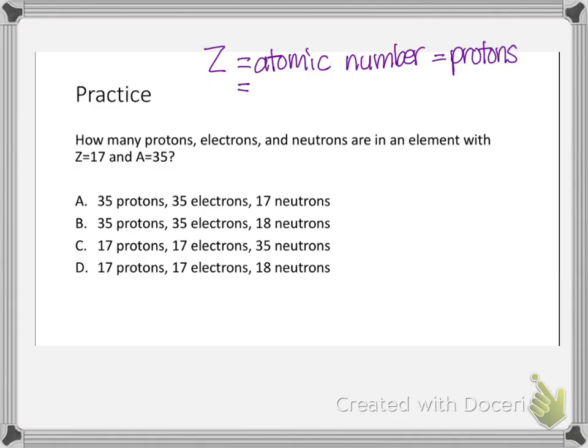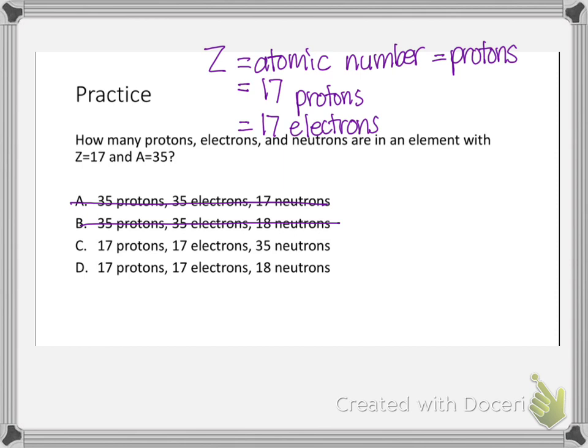And so that is 17. So right away, I know it cannot be those two answers because I know I have 17 protons. Okay, then I also know if you have 17 protons, I have 17 electrons. That really doesn't help me in this multiple choice question because both letters C and D have that.